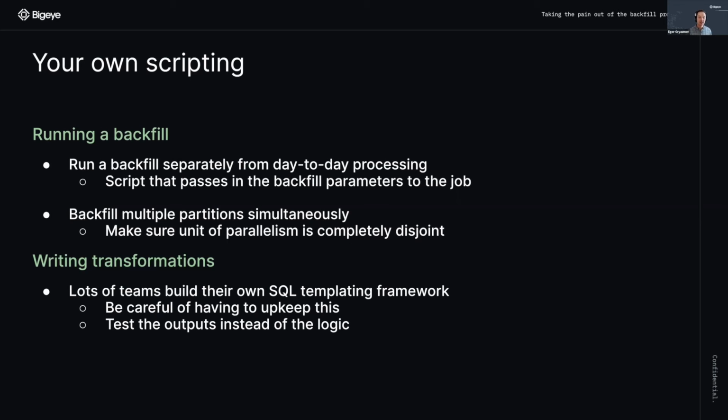And in this case, just make sure that your unit of parallelism, that partition, is completely disjoint from one another. So if I am updating data for July 1st, I should not be touching July 2nd at all, neither reading nor writing from it. Otherwise, I'm going to run into a problem backfilling multiple partitions at the same time.